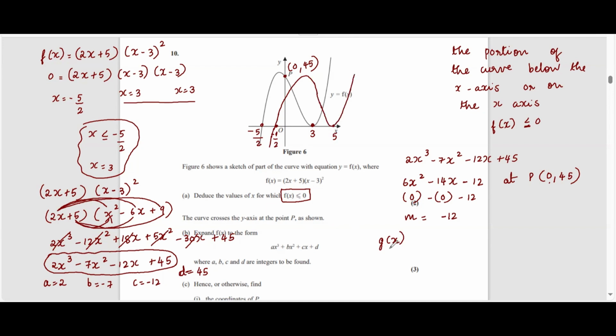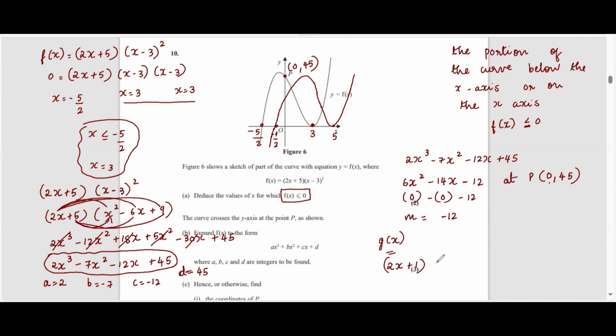I can see that g of x is cutting the x-axis at minus 1 by 2, and it is touching the x-axis at 5. So at 5, it should be a repeated root. Minus 1 by 2 corresponds to 2x plus 1. 2x plus 1, when you equate it to 0, you will get minus 1 by 2.